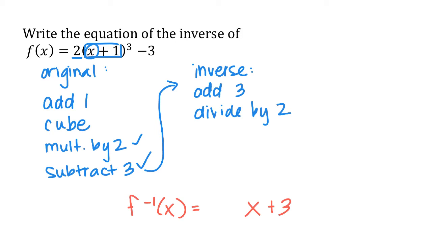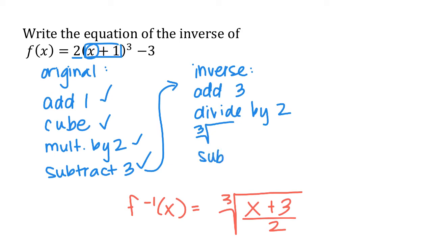And in my function, I'm going to put divided by 2, or you can multiply by a half, that's the same thing. And then I'm going to go back one more step, and instead of cube, we take the cube root. That's the inverse of cubing, is taking the cube root. And then the first step in the original was add 1, so the last step in our inverse is subtract 1.